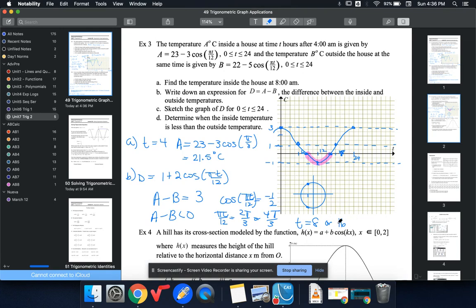All right, so 16 does make sense. So it's 8 hours from 4 a.m. or 16 hours from 4 a.m. So that's going to be between noon and, if I add 16 and 4, then I get 20, and that's going to be 8 p.m. All right. So that's when the temperature inside is less than the temperature outside.